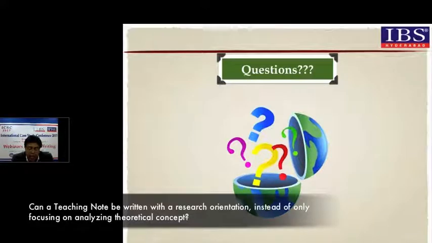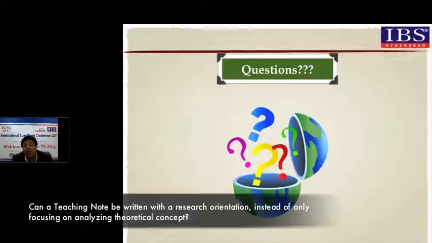Can a teaching note be written with a research orientation instead of only focusing on analyzing theoretical concepts? Okay, I don't really understand what you mean by that. Research orientation. Can a teaching note be written with a research orientation instead of only focusing on analyzing theoretical concepts? I think the whole point is that you have to have a research orientation, otherwise you won't be able to write a very good teaching note.